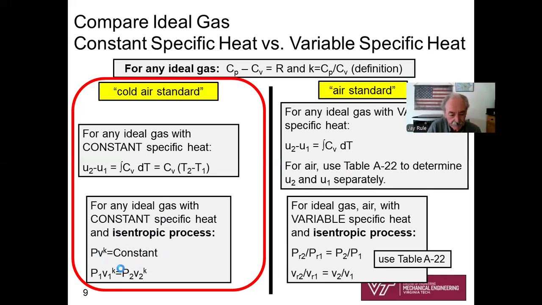Well, what does this mean numerically in terms of actionable? Well, it means that P1V1 to the k equals P2V2 to the k. That's what PV to the k equals constant means. But it's only for an isentropic process, constant specific heat, ideal gas.